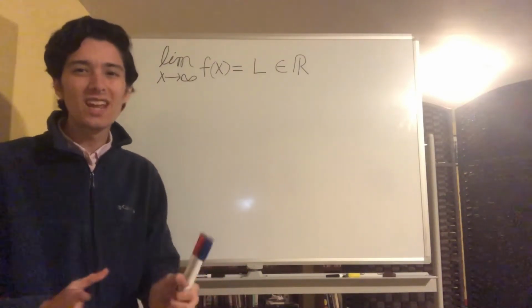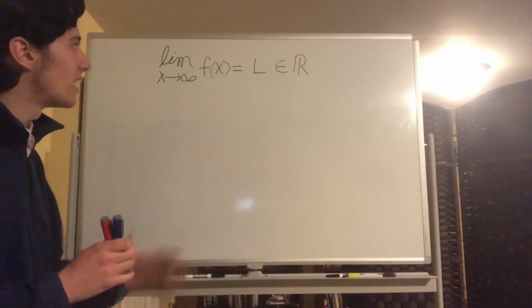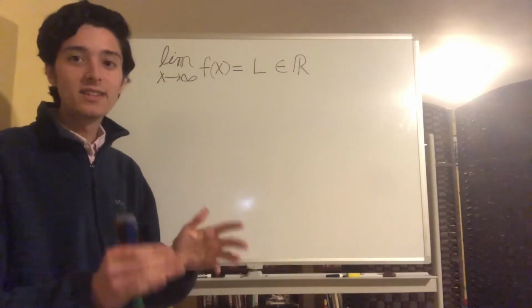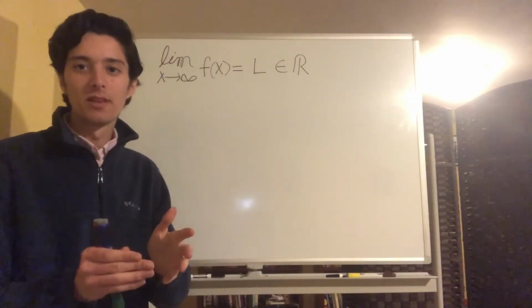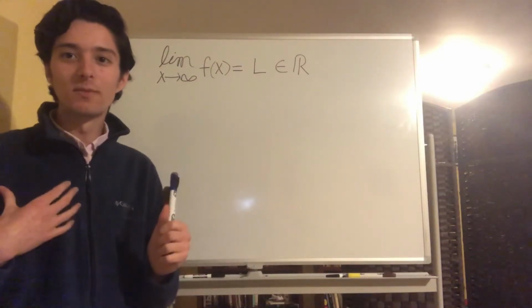So what's a way that we can quantify this? We say f of x is getting close to L. We can say that the distance between them is very small. And how do we describe the distance between two numbers?